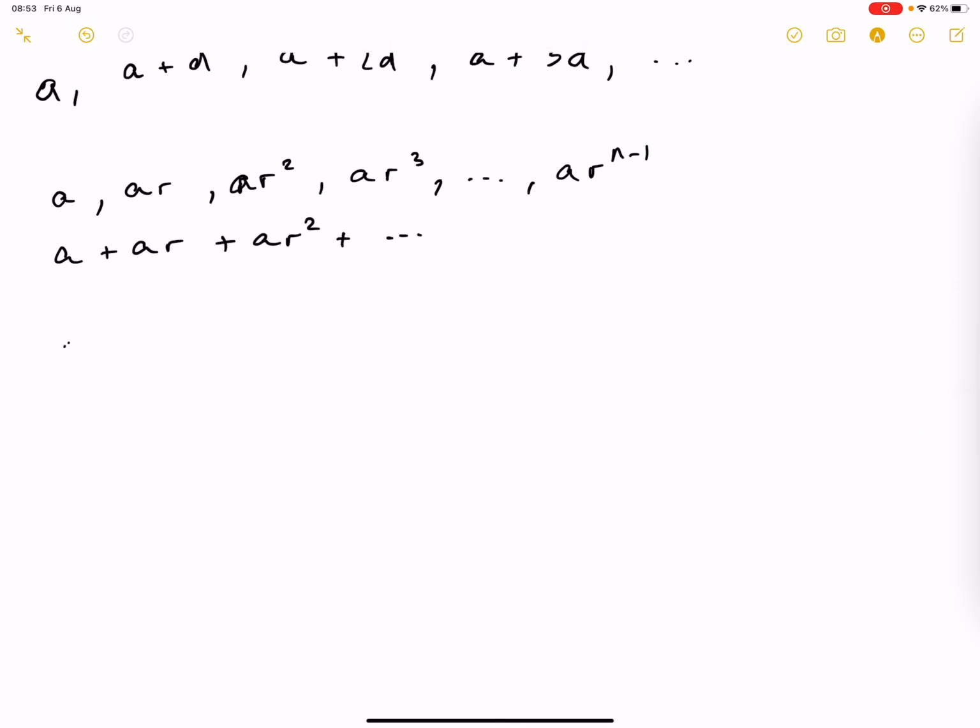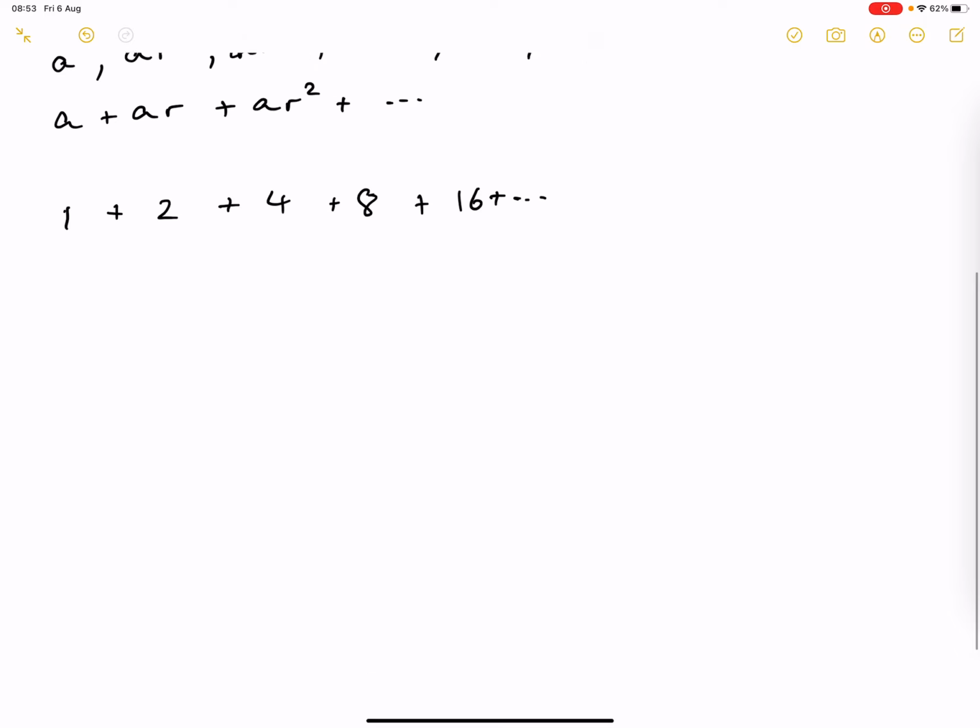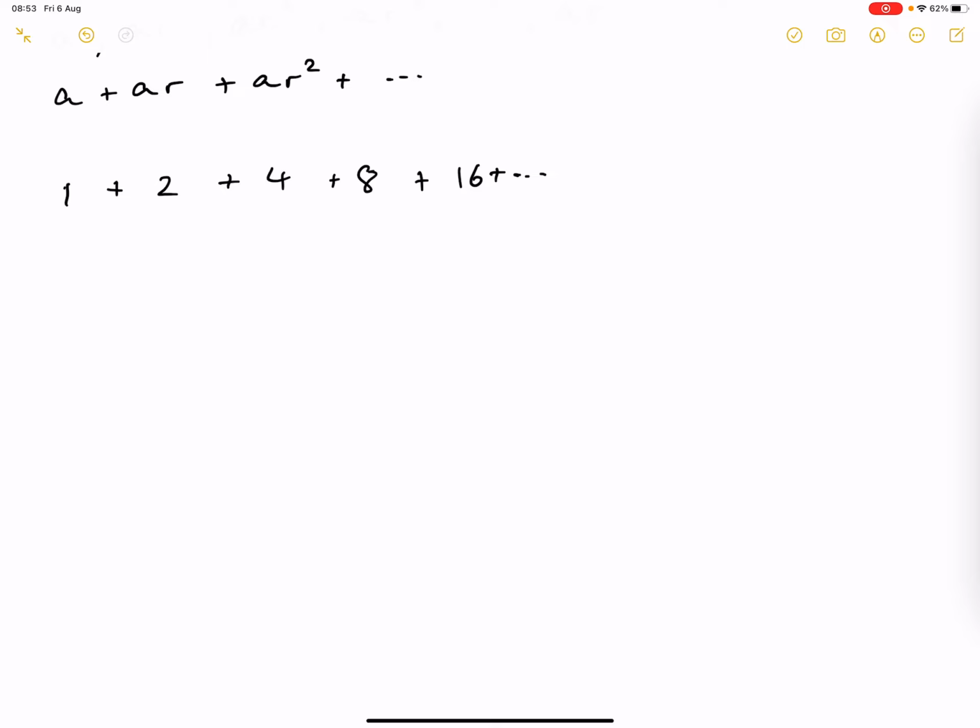So 1 is just 2 to the 0, plus 2, which is 2 times 1, plus 4, which is 4 times 1, plus 8, plus 16, and so on. And that's a common geometric sequence.